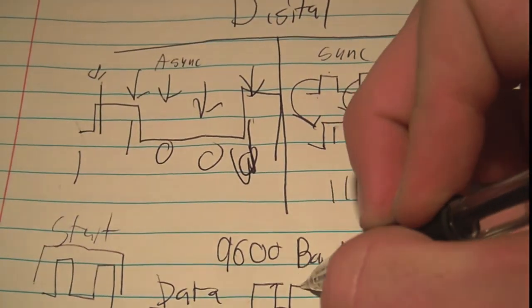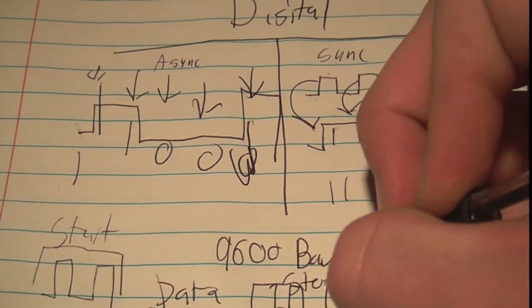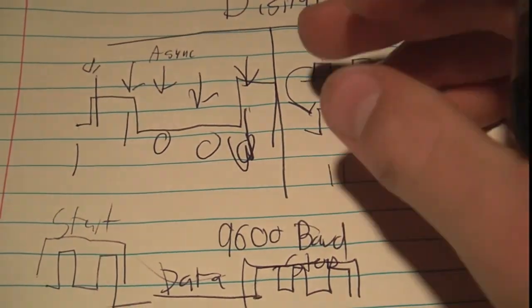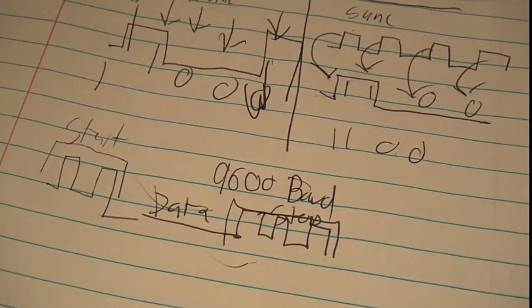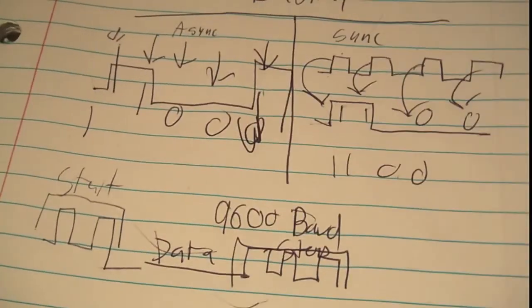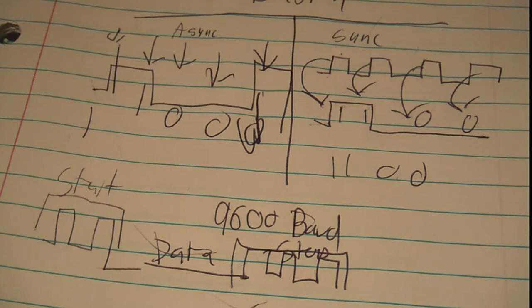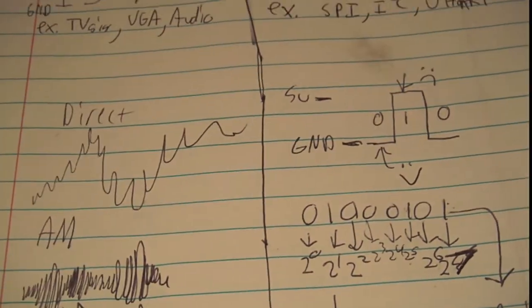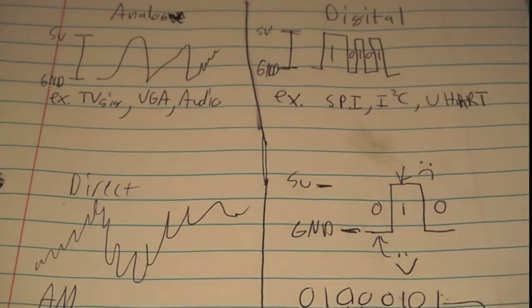Then you have a stop signal, right, and this just sort of means the data's in between these two, look in between them. You can also have that with synchronous as well. That's pretty common. But those are different methods of sending data via digital or analog systems.